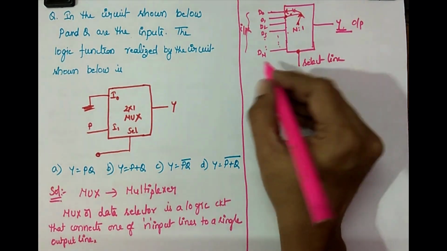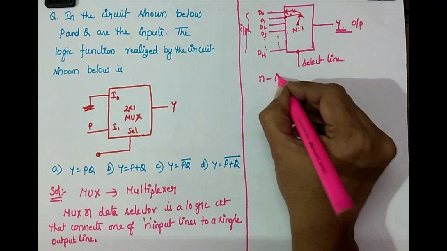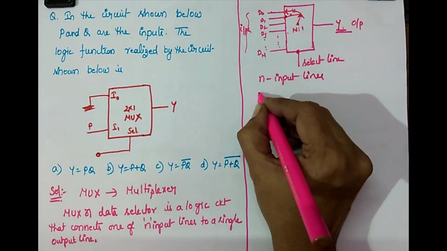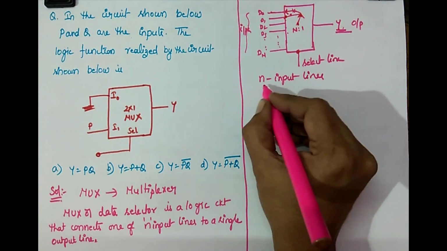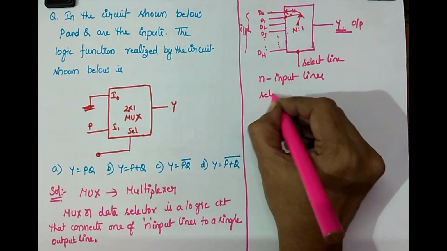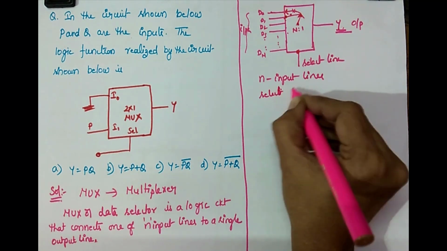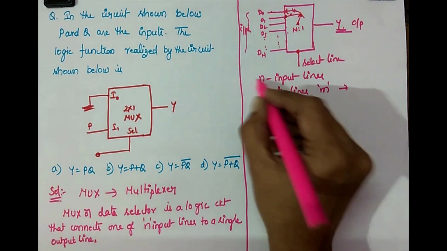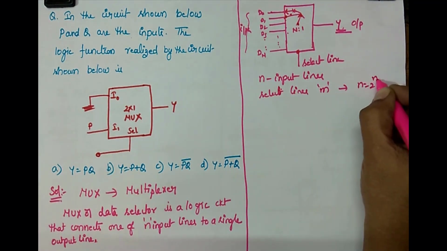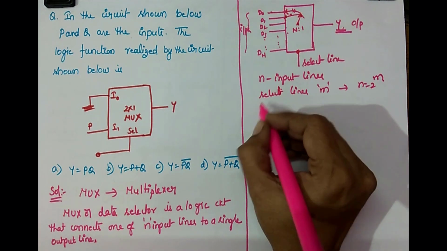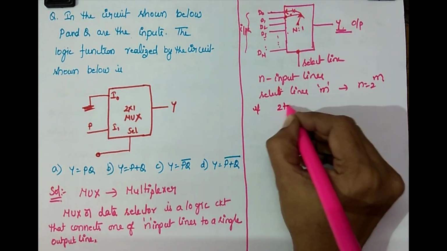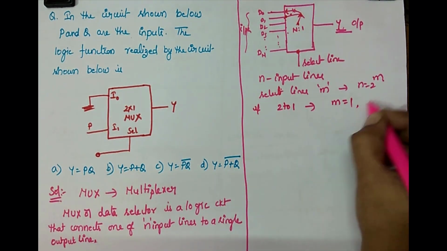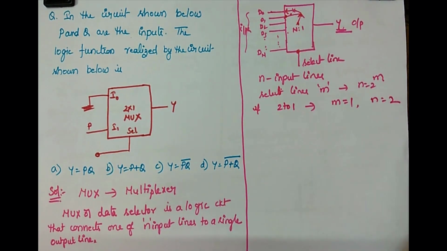Suppose you have n input lines, how many select lines do we need? If you have n input lines, the select lines are represented by m. The relation between n and m is n equals 2 power m. Means, if the mux is 2:1, what is m? 1, because here n is 2.